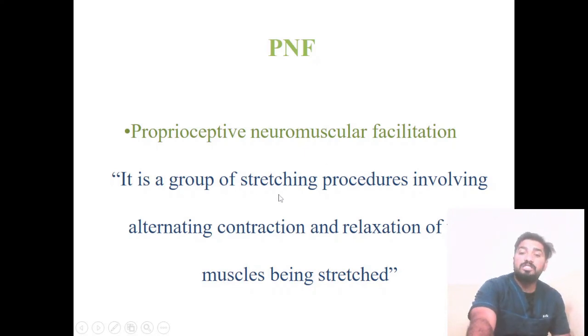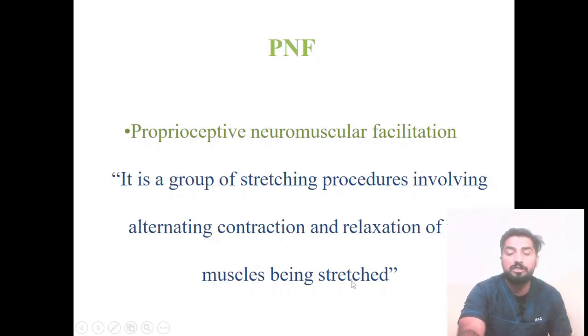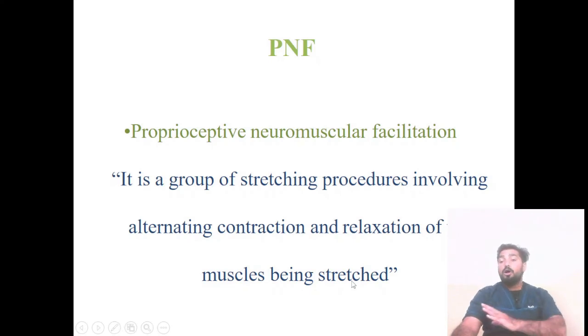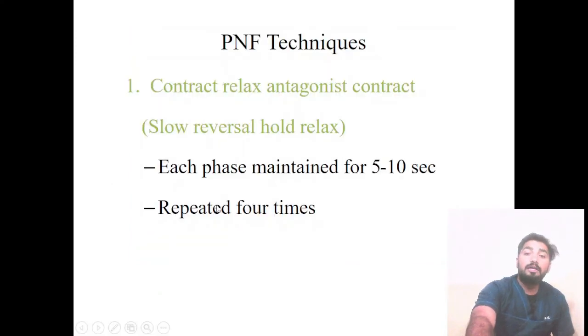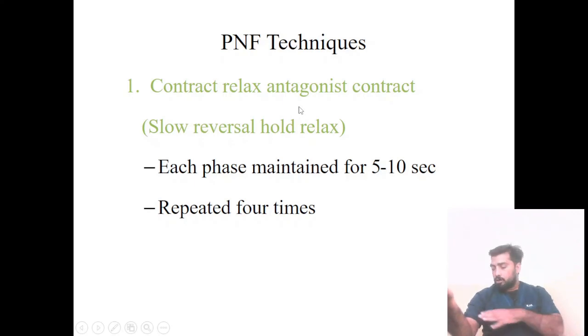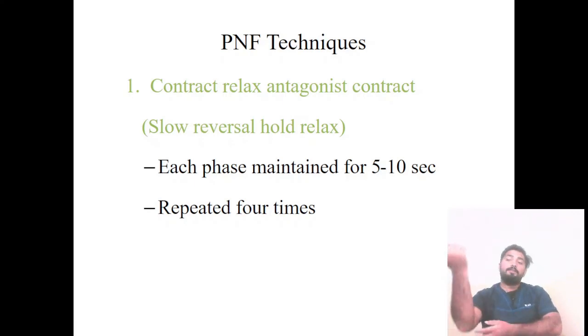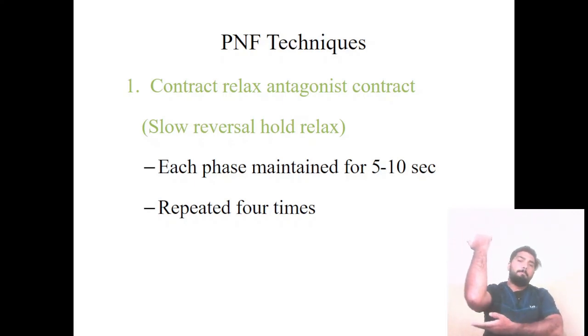It is a group of stretching procedures involving alternate contraction and relaxation of the muscles being stretched. There are two techniques. The first is the contract-relax antagonist-contract technique, in which, let's say, the triceps is the muscle which is spastic or limiting the range of motion of elbow flexion.